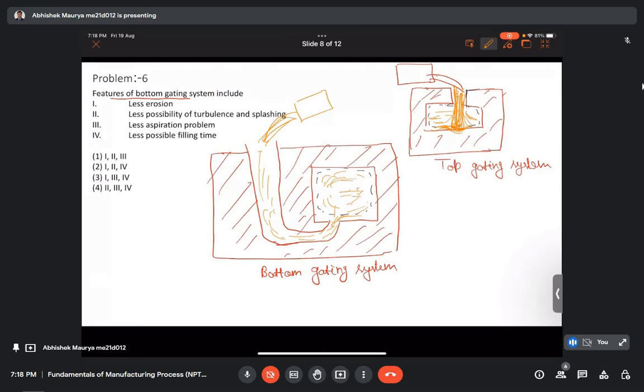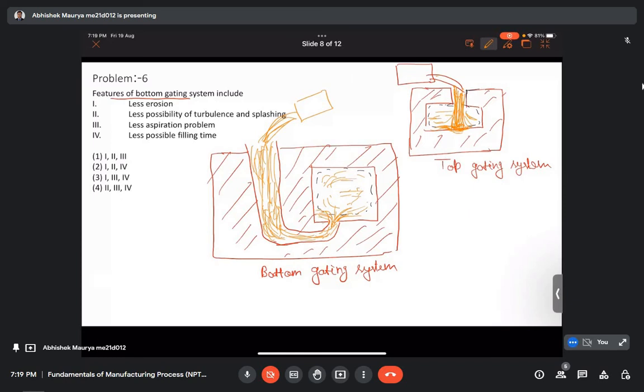So because of the impact or transfer of momentum, there is a possibility that the mold wall gets eroded. But what happens in the bottom gating system? We are pouring the metal and it's coming down slowly and gently, entering the mold cavity from the bottom.